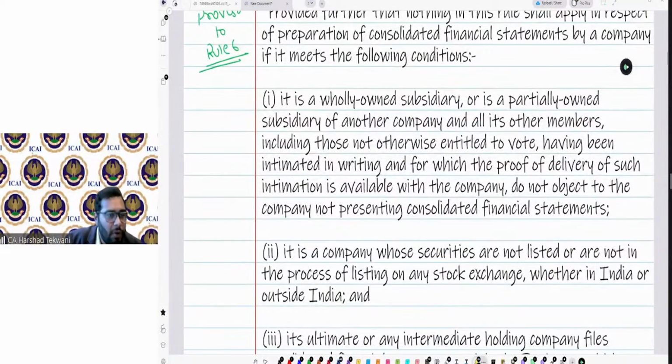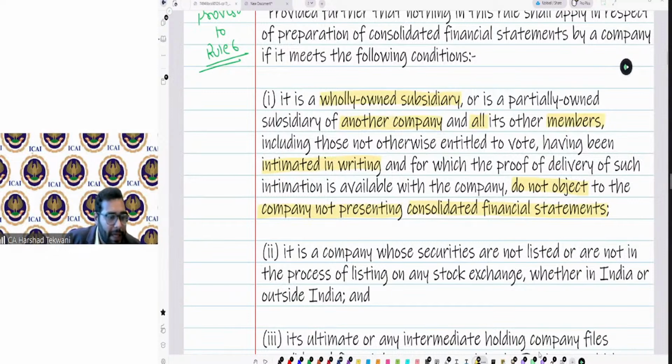Number one, it is a wholly owned subsidiary, or a partially owned subsidiary of another company, and all its other members, including those not otherwise entitled to vote, have been intimated in writing, for which proof of delivery of such intimation is available with the company, and do not object to the company not presenting the CFS. So they are fine with the company not presenting the CFS.